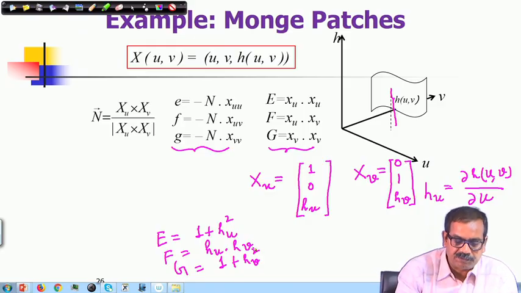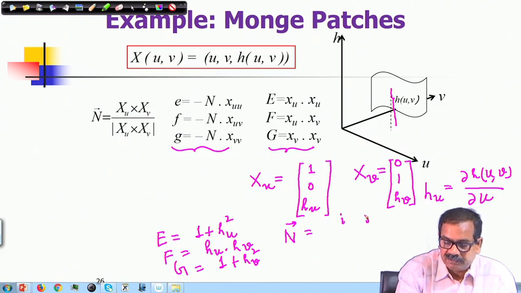Again from this description. Let me first compute the normal vector, because the second fundamental form requires computation of the normal, and for that I need to take the cross product of x_u and x_v. So, I will use that familiar cross product computation.